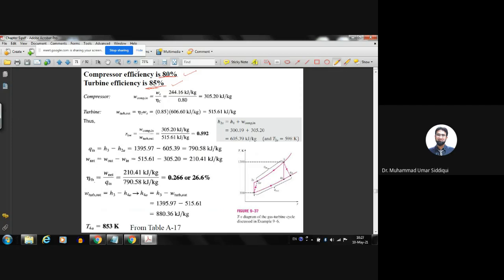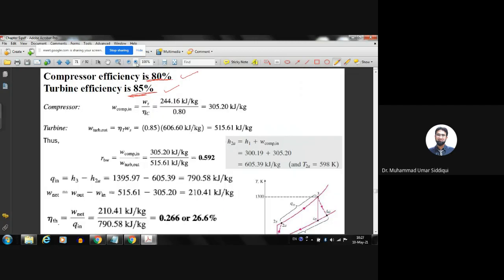If we know the compressor efficiency, from the formula, the efficiency of the compressor will be the ideal work input divided by the actual work input of the compressor. We already know the ideal work input. We determined it before. So if we divide by the efficiency of the compressor, we can determine the actual work input.